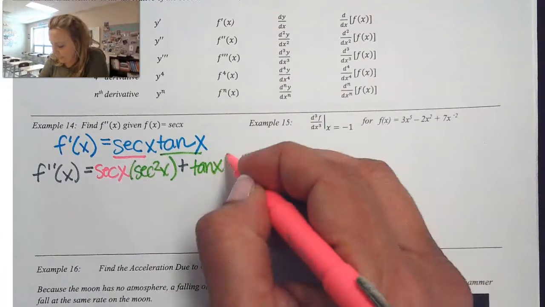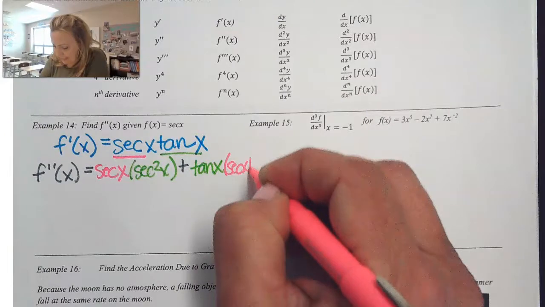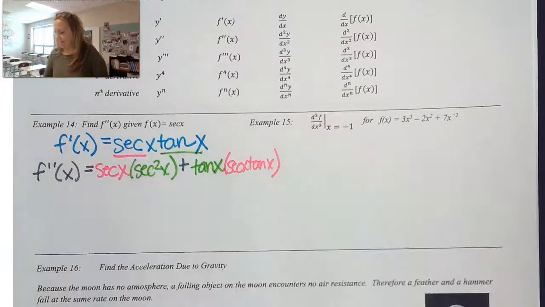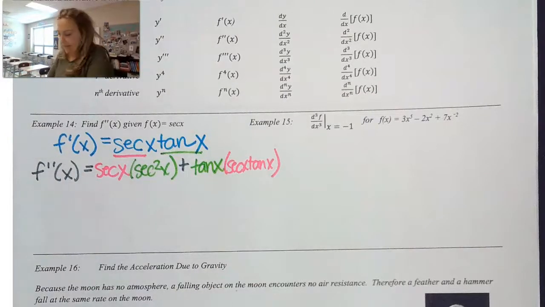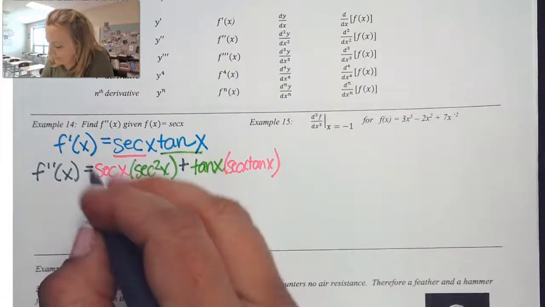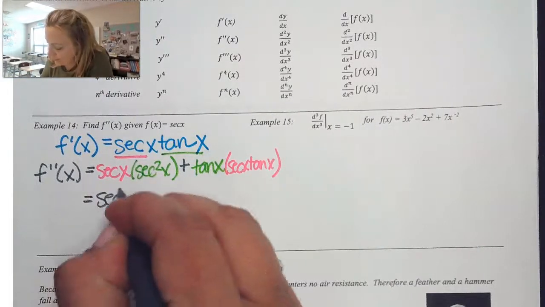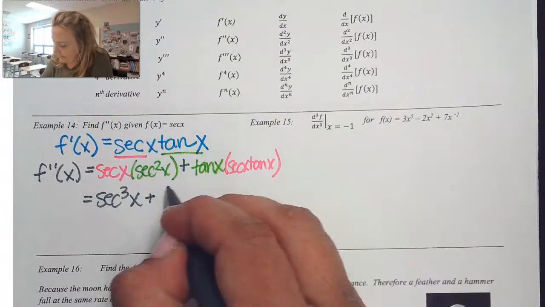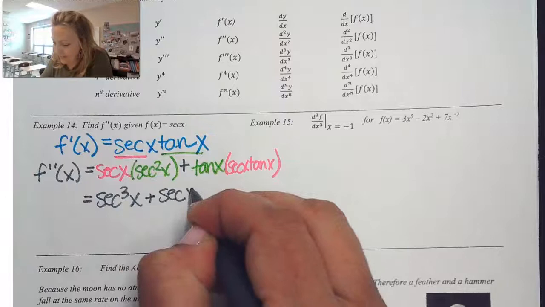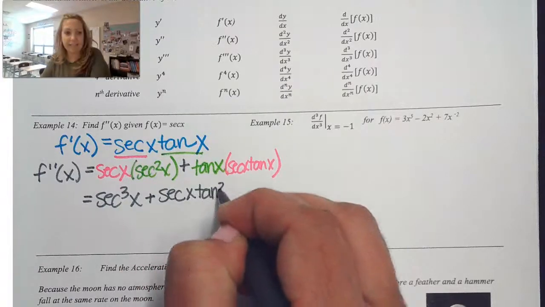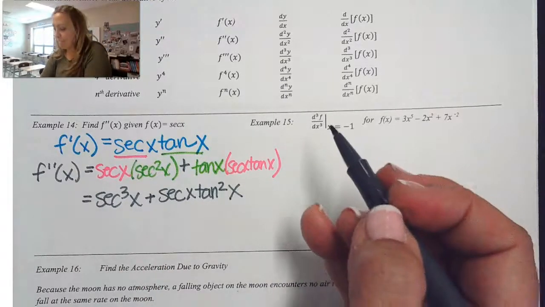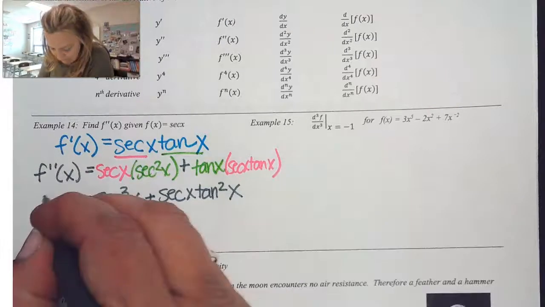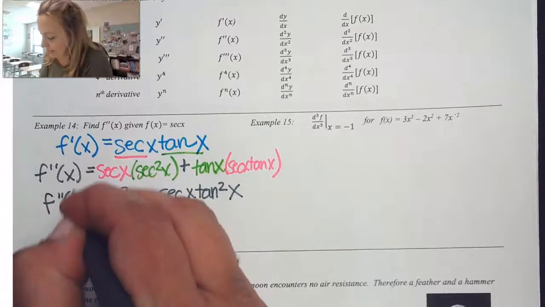And again, the derivative of secant of x is secant x tangent x. And then I can just simplify that a little bit. So that gives me secant cubed x plus, I don't know, would you say secant x tangent squared x or tangent squared x secant x? Doesn't matter, right? And we can't combine those, so that would be my f double prime of x.